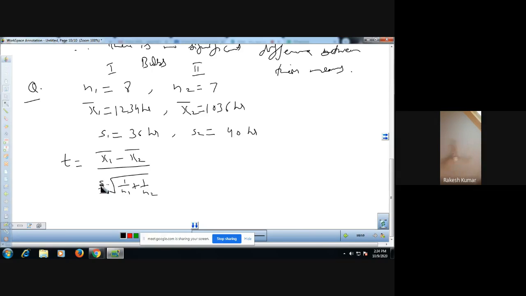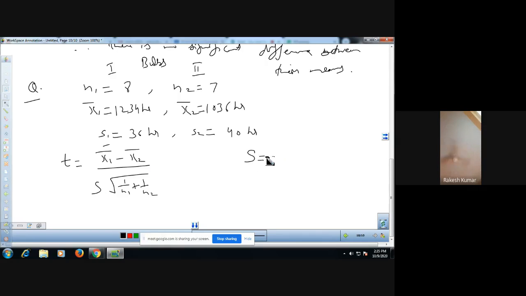This is a capital S. Please write it in capital form. We don't have the value of capital S. We have the value of x1 bar, x2 bar, n1 and n2, but we don't know the value of S.